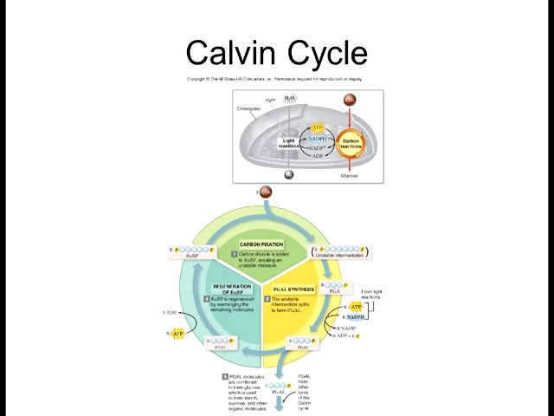Well, now that the PGALs are made and are energized, now there's sufficient energy. Remember that energy of activation? Now there's sufficient energy for another enzyme to come in here and combine them and form glucose. Now, not all of the PGALs are used to make glucose.